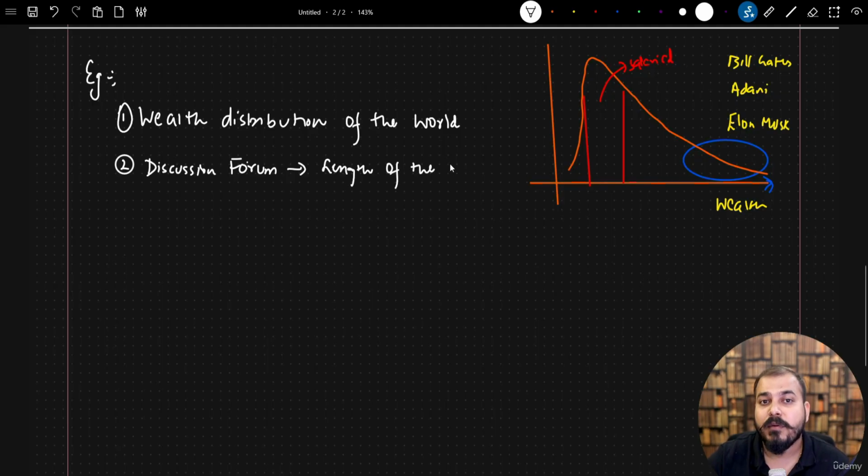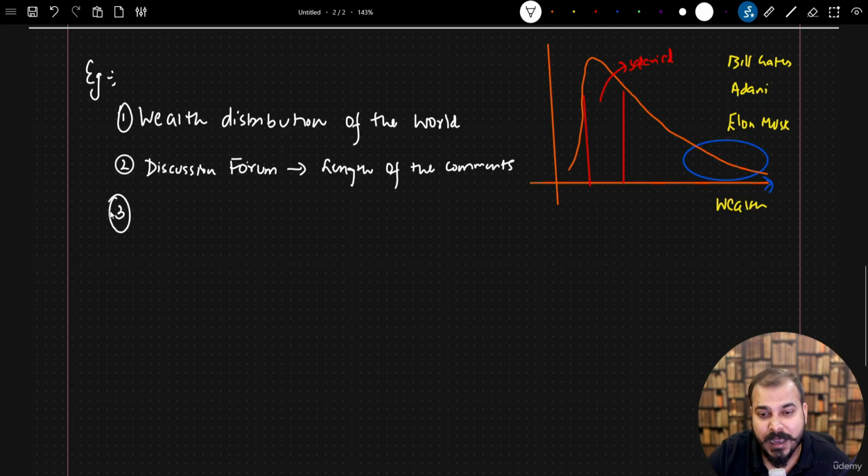Many people write small comments, an average number of people write medium sized comments, and very few people write very long comments, where they are explaining or discussing something. So the length of comments in a discussion forum usually follows a log normal distribution.